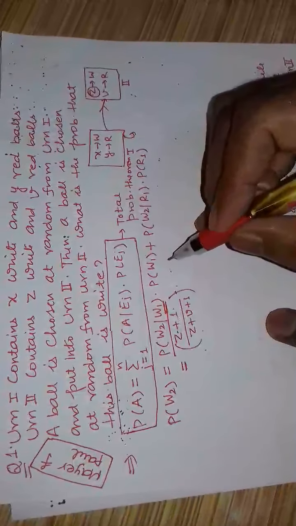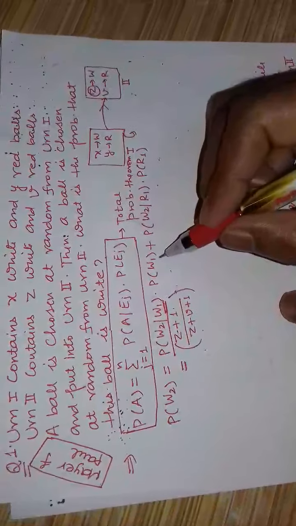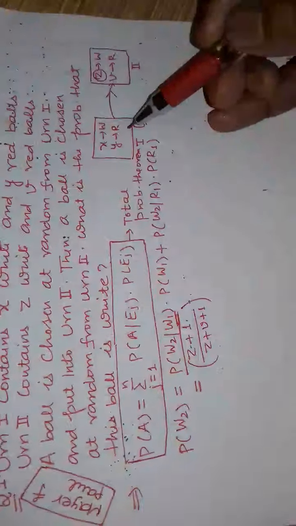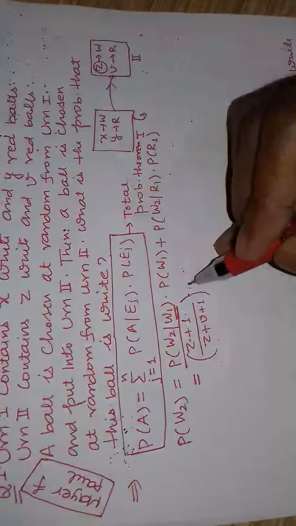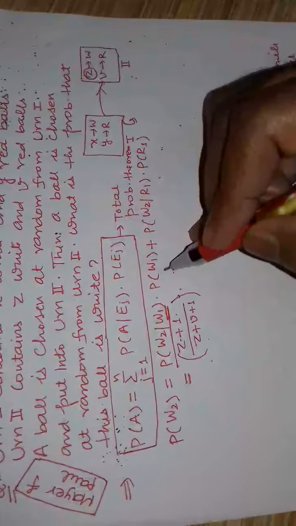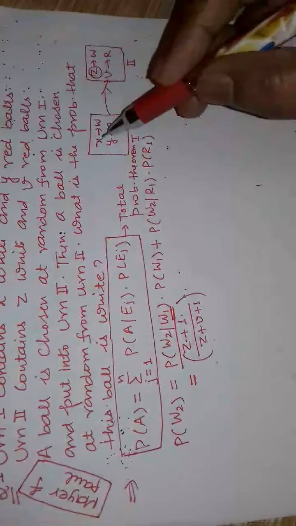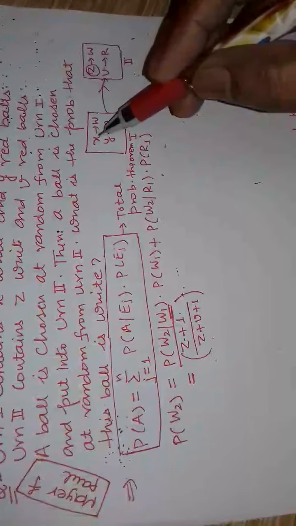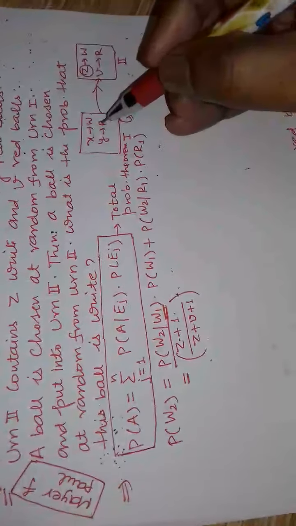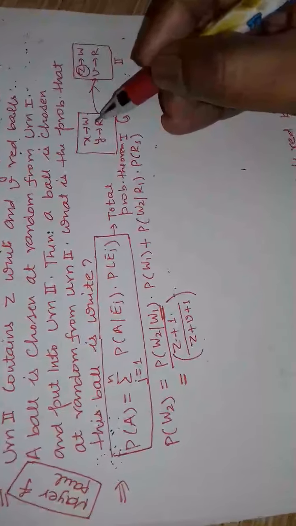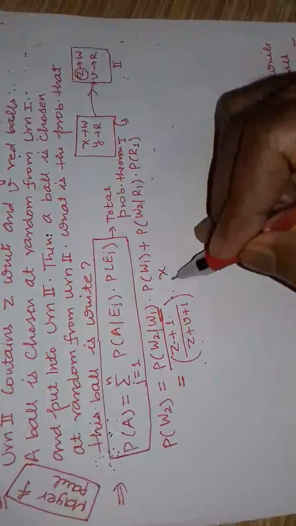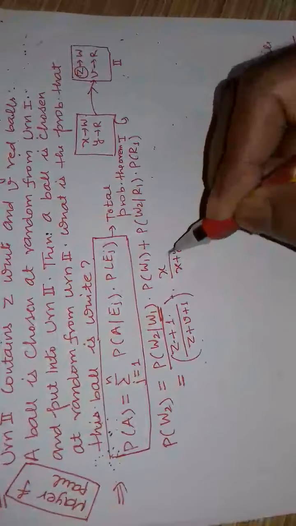The probability of W1 means the probability of a white ball from the first box. So there are X white balls and the total balls are X plus Y, so the probability of a white ball from the first urn will be X upon X plus Y.